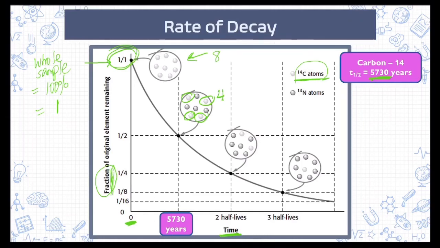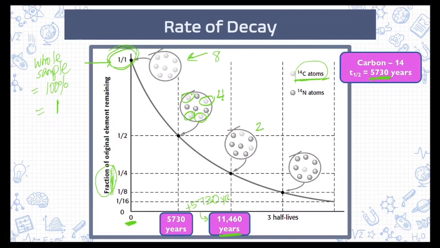Now let's look at two half-lives. Two half-lives mean that another 5,730 years have passed. So we're simply going to add this amount of time to figure out how much time is in two half-lives total. So after 11,460 years, two half-lives, we now have half of the sample remaining. So 4 divided by 2 is now 2.